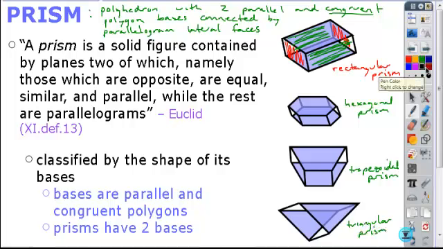And so if I were to sketch the following, would this figure be considered a prism? Somebody who says yes, what would justify that?